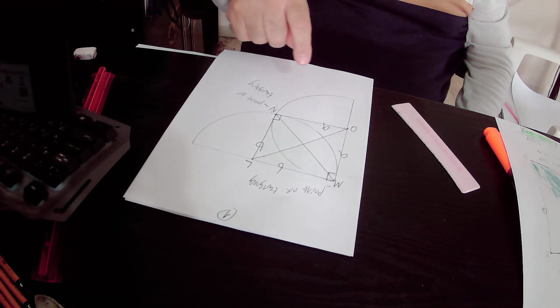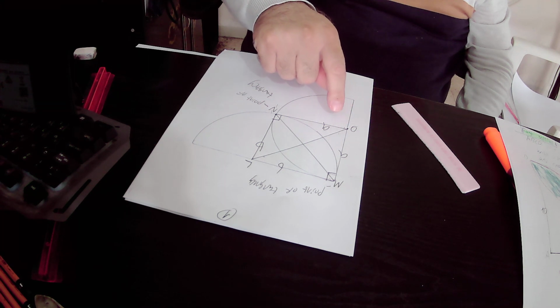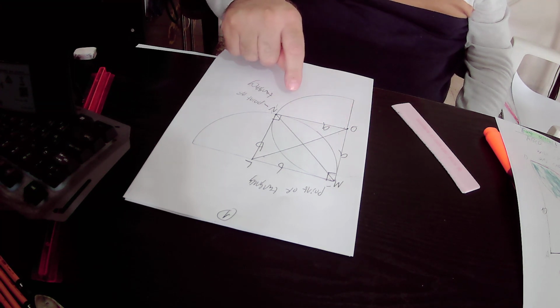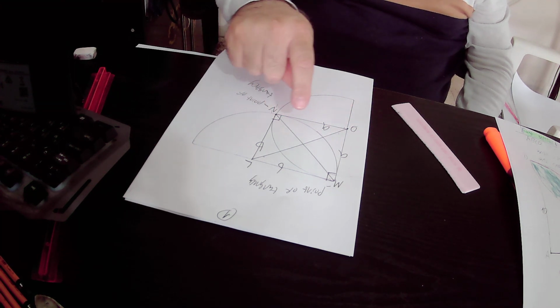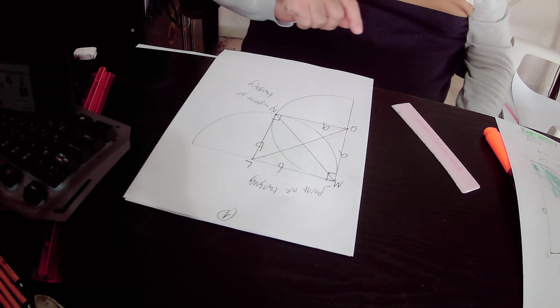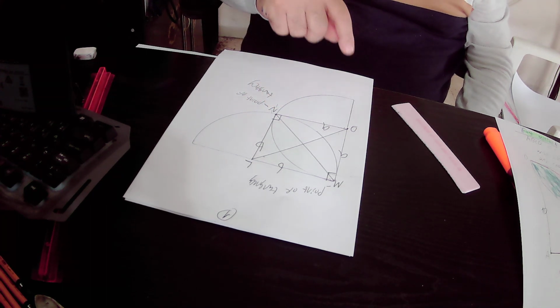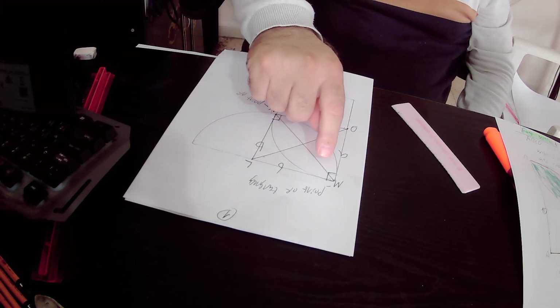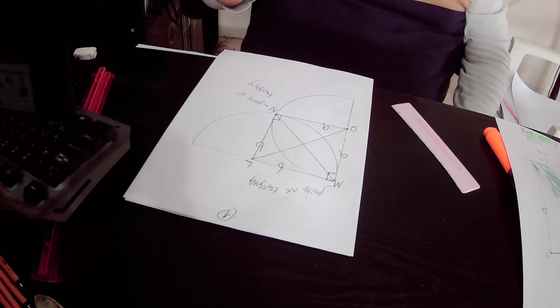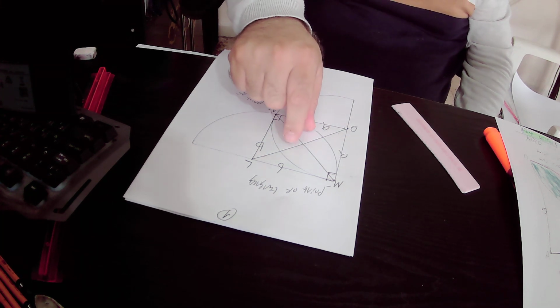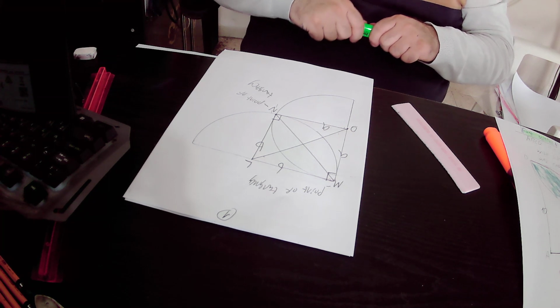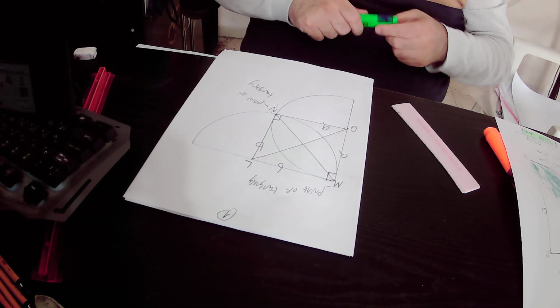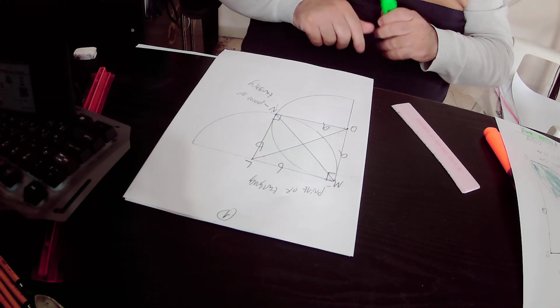Because here the radii of those two semicircles are not equal to each other. The radius of this semicircle is A, and the radius of this semicircle is B, and A is not equal to B, so those two circular segments are not identical, and therefore we'll find out the area of each circular segment.